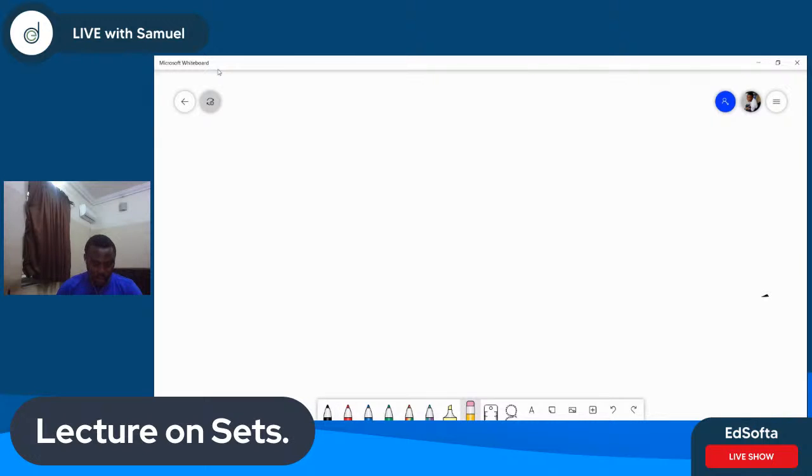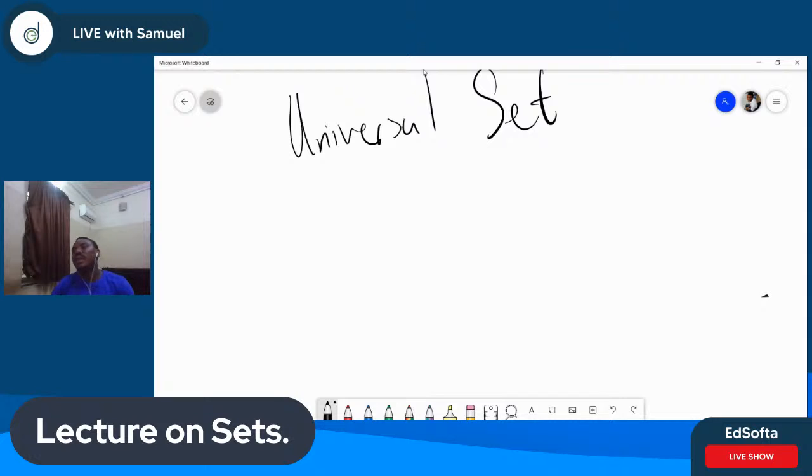So under the universal set, this is the set that holds all the elements under discussion. Under discussion means that if we are talking about a class, now that class is the universal set because it contains all the students, from which we can start to piece out smaller sets from it. So we can say, okay, all the boys in the class, all the girls in the class.